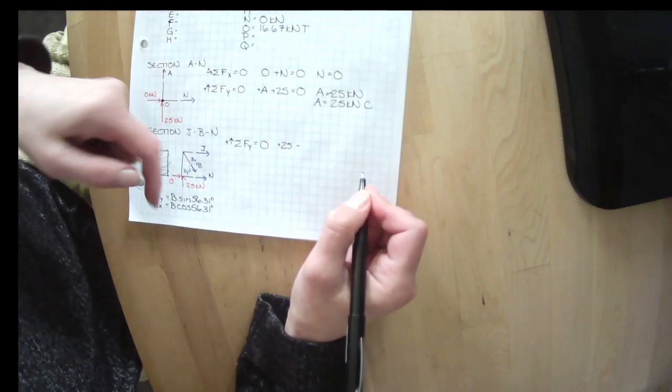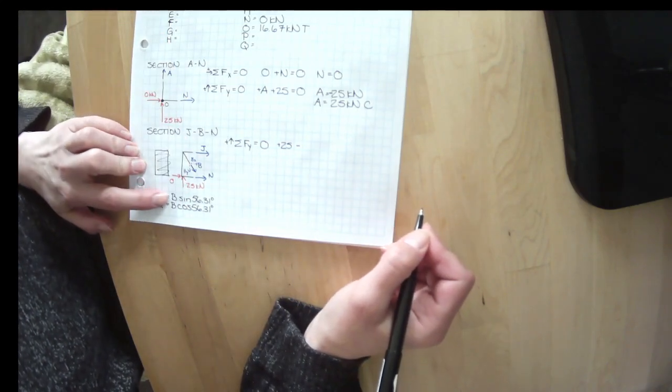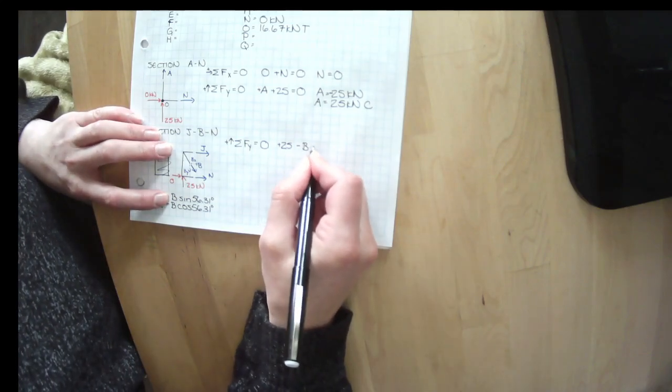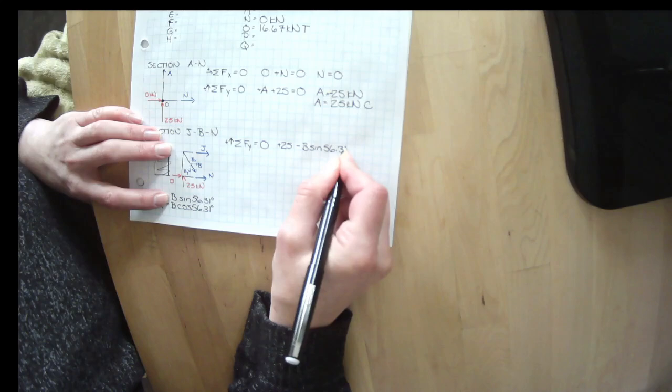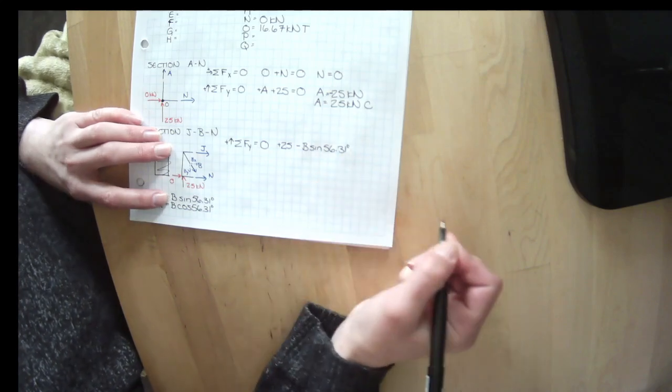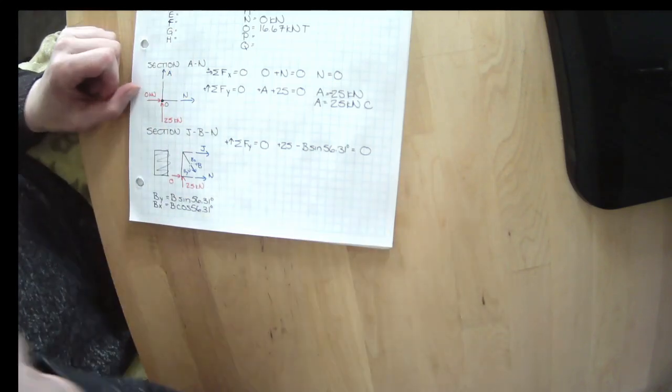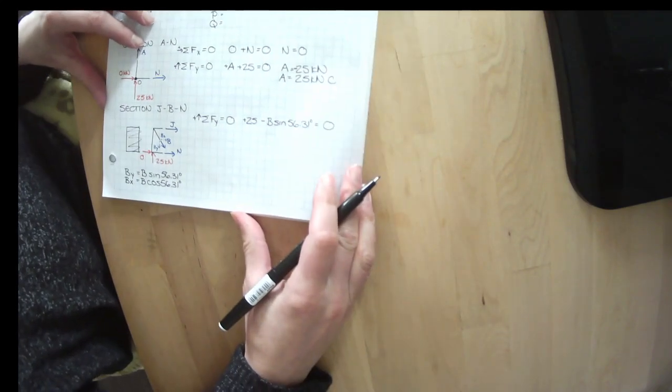By is B sine 56.3. And those are the only two things in the y direction. So we can now solve for B.